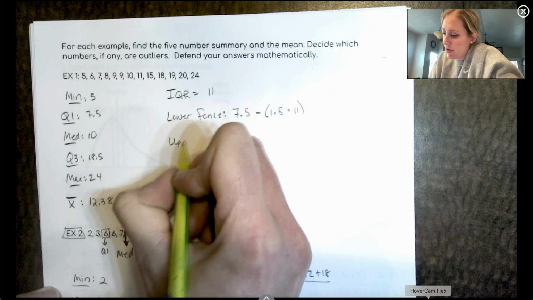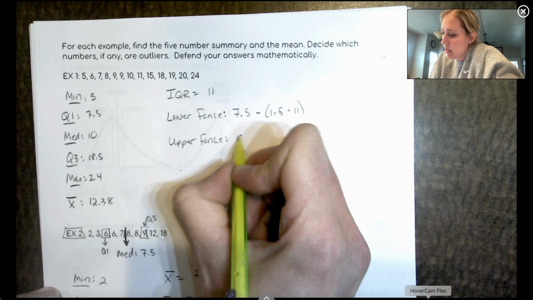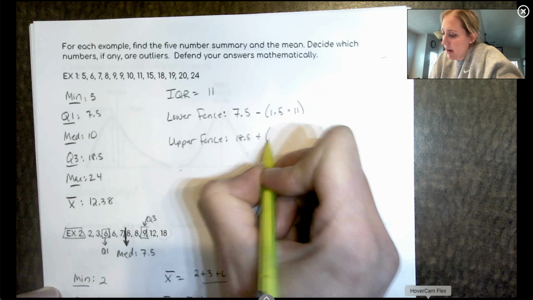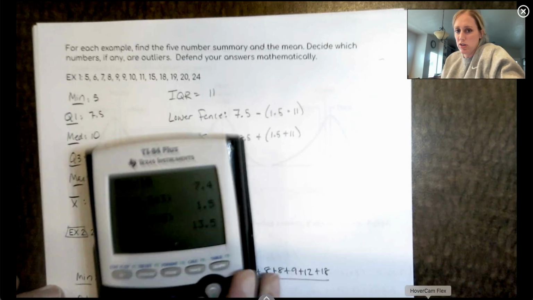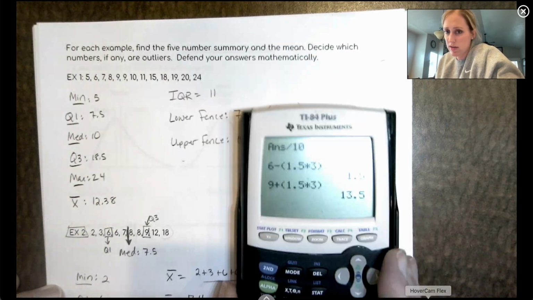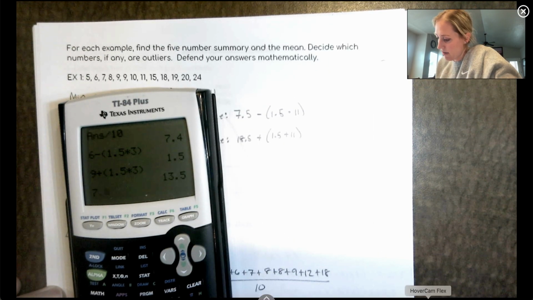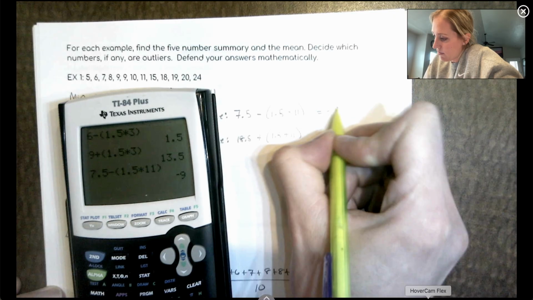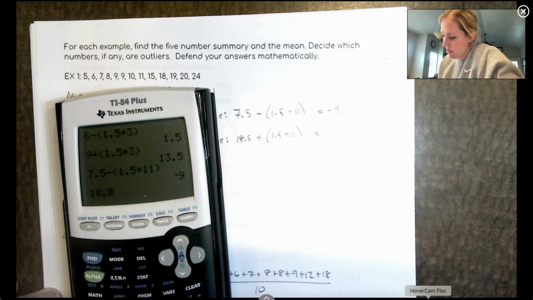Upper fence is Q3 plus 1.5 times 11. Okay, so let's do some calculations there. Sorry, trying to put that where it's not glary. You can see it. Okay, so we got 7.5 minus 1.5 times 11. So our lower fence is -9.